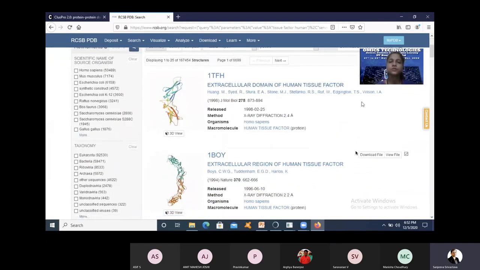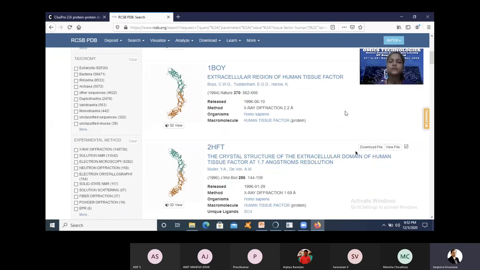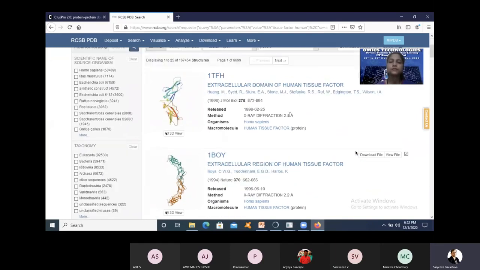These kinds of tissue factor structures we can take. The first thing that we should always check before taking a protein is that it should not be a chimeric protein. It should not be a mutated protein. The second thing we should check is the organism. If we are talking about human proteins, then we should look for the organism as human.